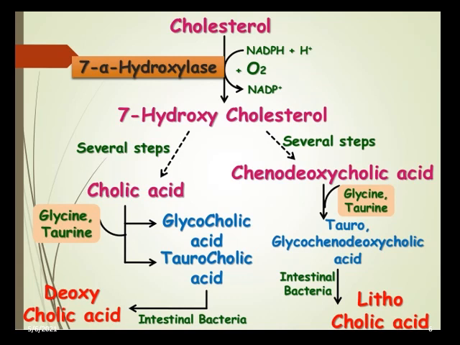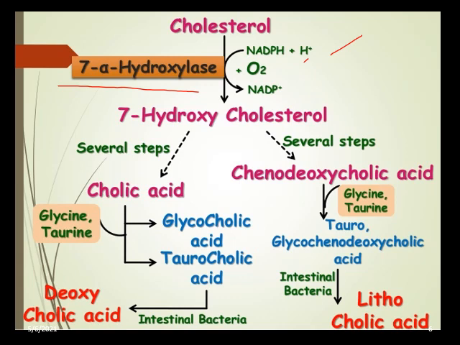Remember, this 7-alpha hydroxylase is a microsomal enzyme which requires molecular oxygen, NADPH as coenzyme, and also cytochrome P450 enzymes.